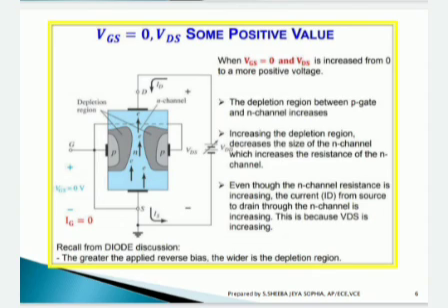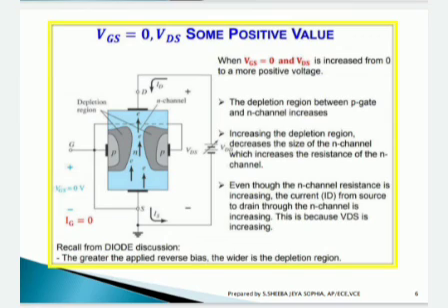The depletion region between P gate and N channel increases, as you can see in the diagram. Increasing the depletion region decreases the size of the N channel, which increases the resistance of the N channel. Even though this N channel resistance is increasing, the current from source to drain through the N channel is increasing. This is because VDS is increased.